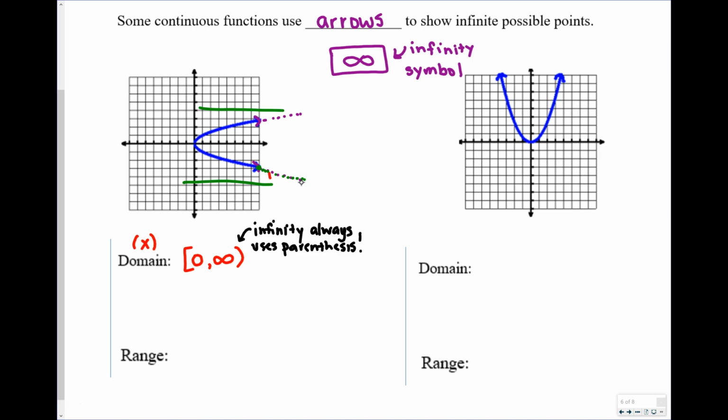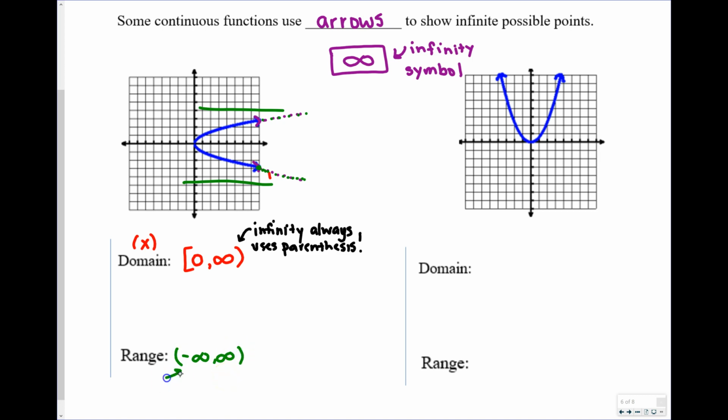So they're going to go on forever and forever down. And to show that, we say negative infinity because those are going to be all negative values of y. This graph is also going to go infinite up. So because it's going to go infinitely up, we can say, okay, it includes all positive values of y. So this range is actually negative infinity to infinity, and we use parentheses to describe that.